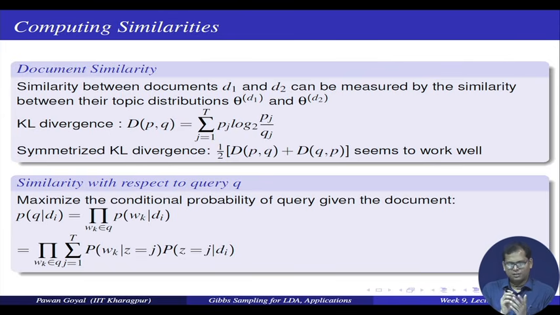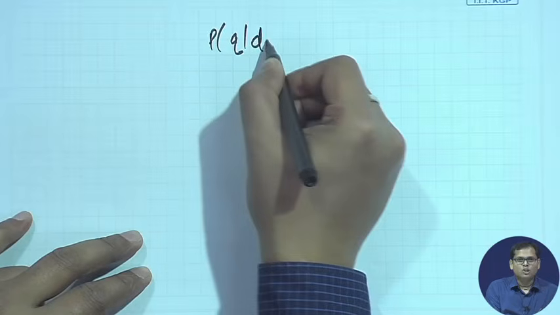This will be computed using the probability that the query is generated from this document. So, whichever document gives the highest probability of generating the query is given the highest score. And what is the formulation? You want to find the probability of the query given the document.